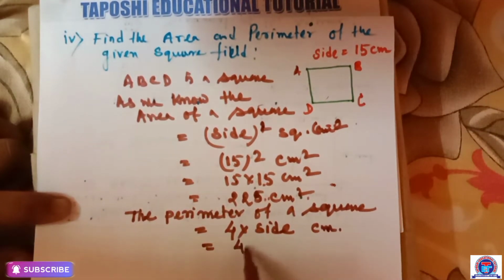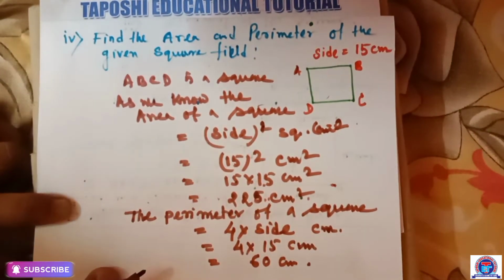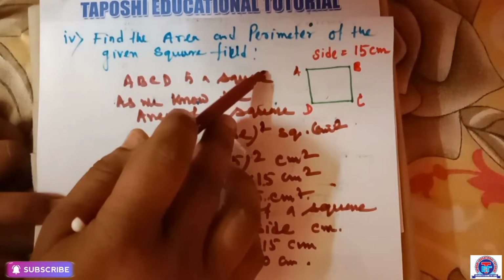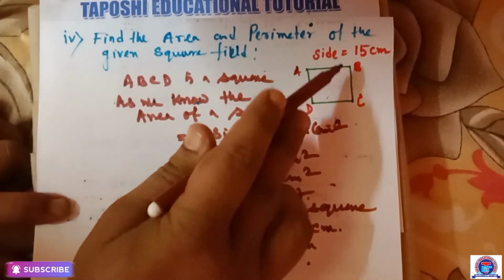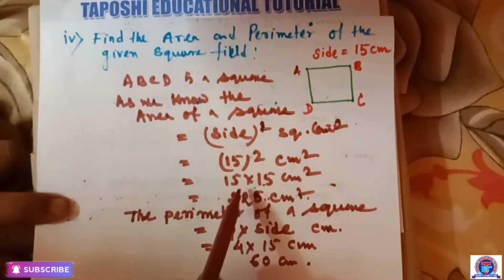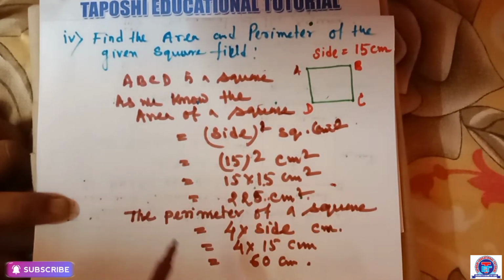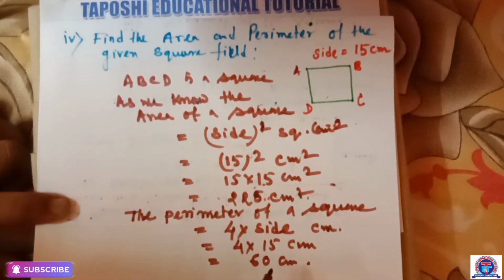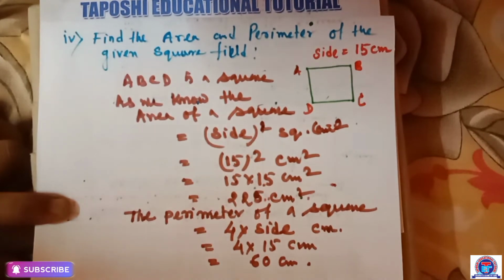So 4 into 15 centimeter, that means 60 centimeter. So for the given figure ABCD, its area is 225 centimeter square and the perimeter is 60 centimeter. I hope all these things regarding this math you clearly understood.